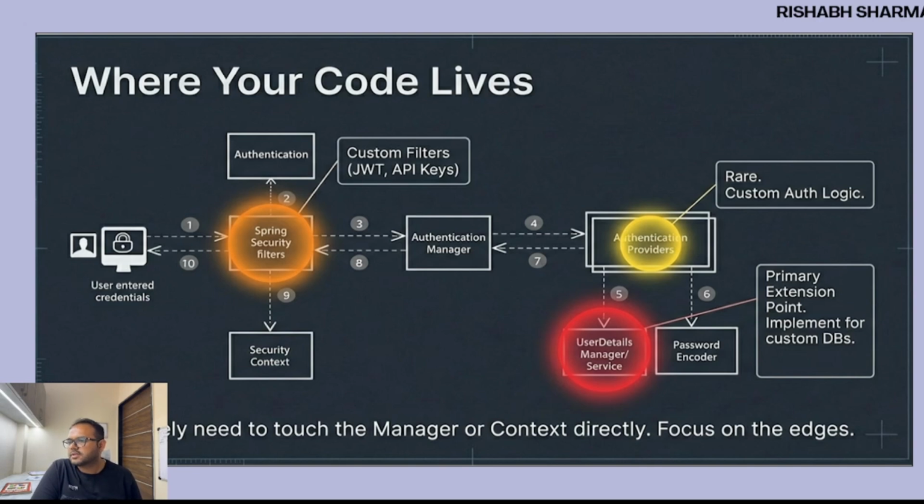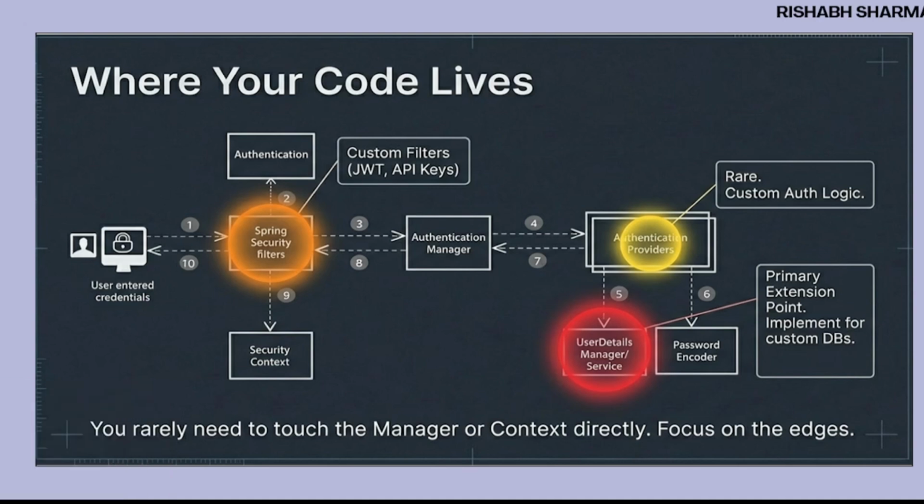So we mostly write inside the security filters, where the JWT filter and API key filter are present. The custom authentication filter is something we will be creating in the next couple of sessions, and it works with other filters.